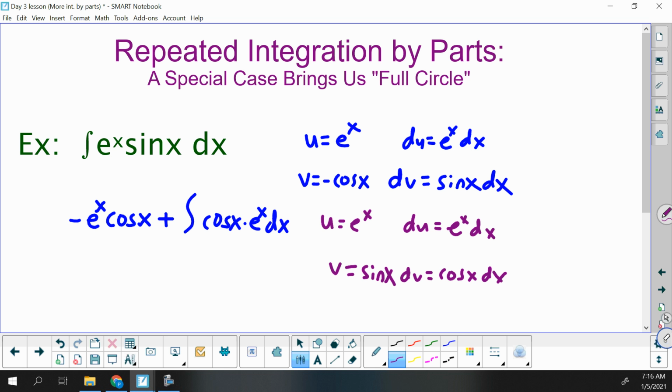So if we carry down, we've got minus e to the x cos x plus our uv would be e to the x sine x minus our integral of v du. So it's going to be minus the integral of e to the x sine x dx.